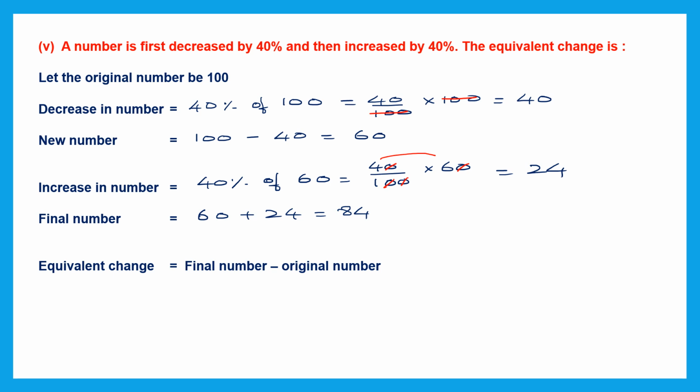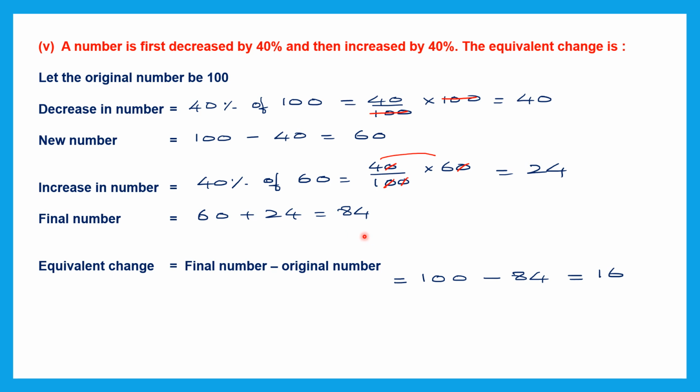So we say original number minus the final number, and the original number is 100. The final number is 84. Okay. And that is 16. And as we can see, there has been a decrease. Originally it was 100. Now finally it is 84. So from 100 it has decreased to 84.